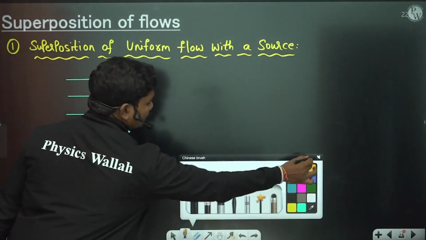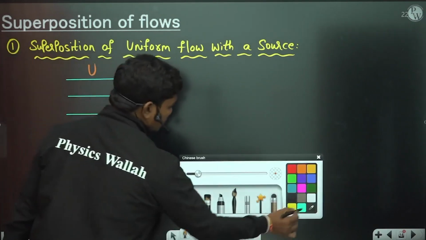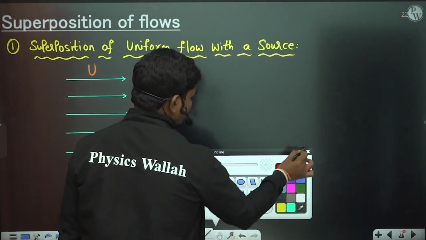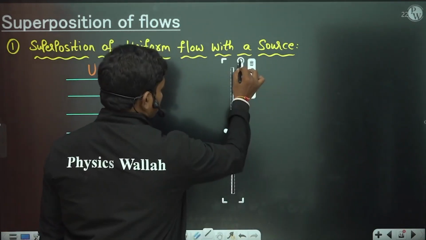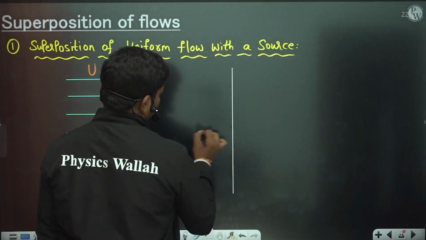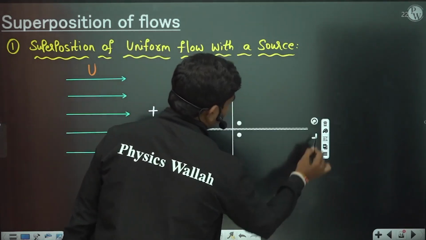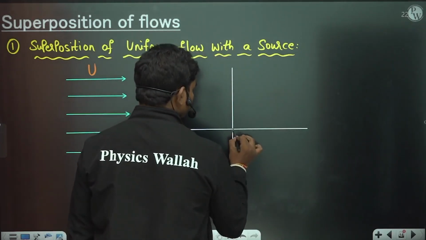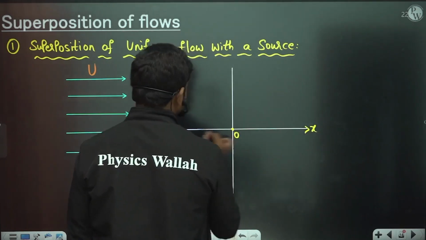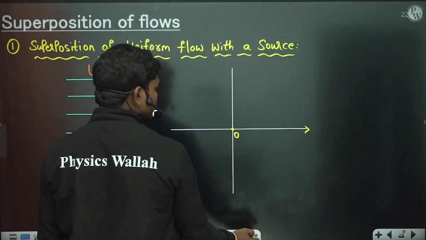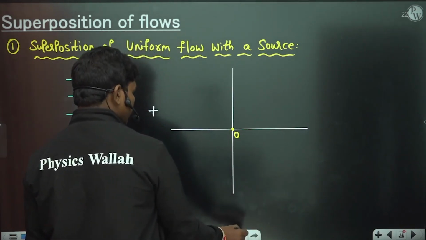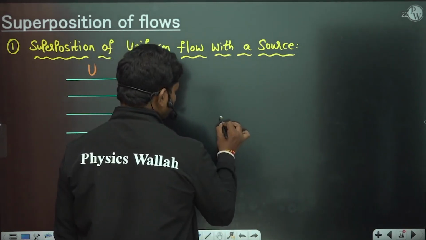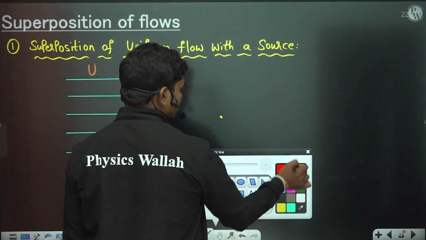Basically, if there is one point here, from that point you have flow in all the directions.